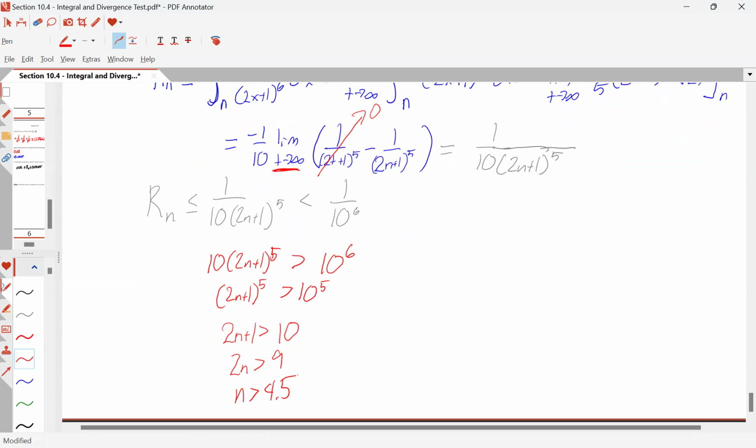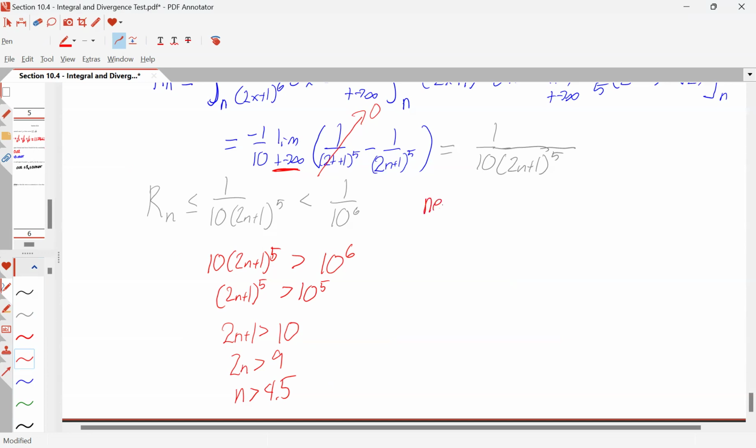Notice the strict inequalities. Also, n has to be a whole number. So n has to be bigger than 4.5. Well, if n needs to be bigger than 4.5, it can't be 4. It has to be at least 5.